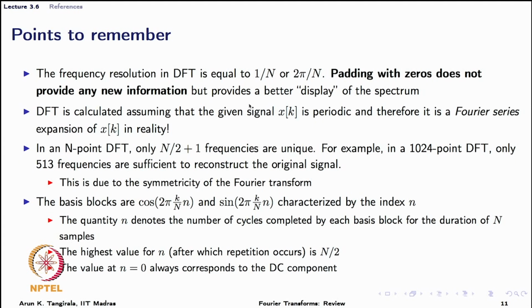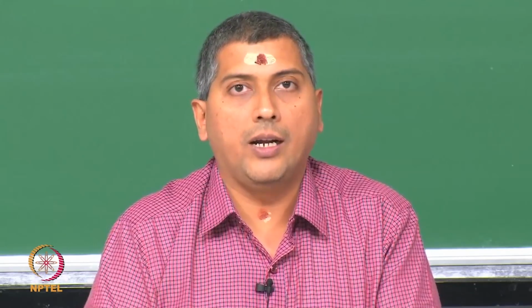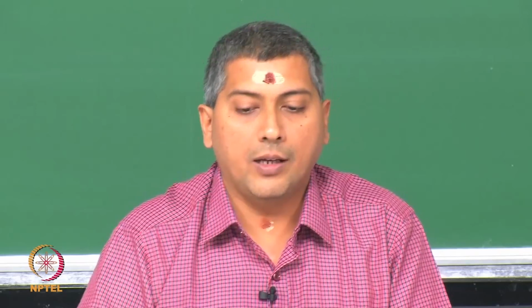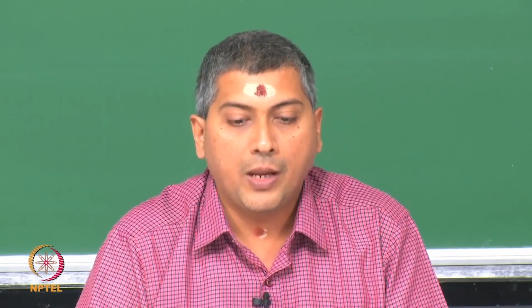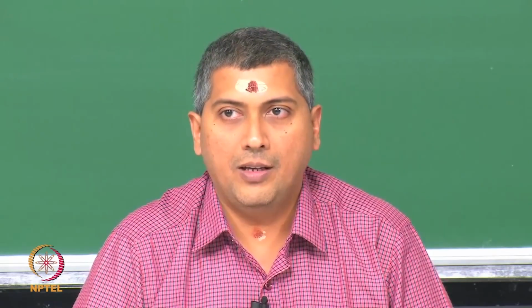So, there are certain useful points to remember when you are using DFT. First of all, the frequency resolution in cyclic frequency is 1 over n, in angular frequency 2 pi over n, and many a times you see recommendations and suggestions of padding with zeros. What we mean by padding with zeros is, if I have 98 or 100 observations, then the software may pad another 100 zeros to your data and make you believe that now you have 200 observations.